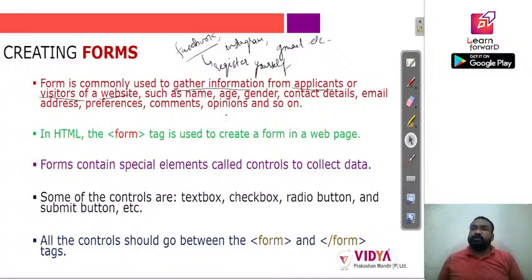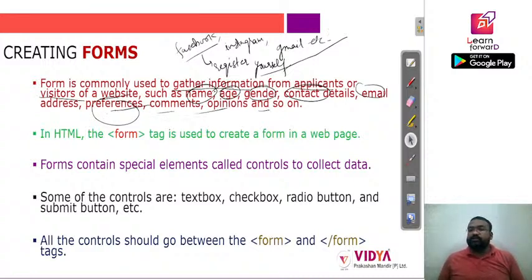While doing your registration they ask some of your information such as your name, your age, your gender, contact details, your email address, your preferences. I mean, these are some kind of questions that can be asked.